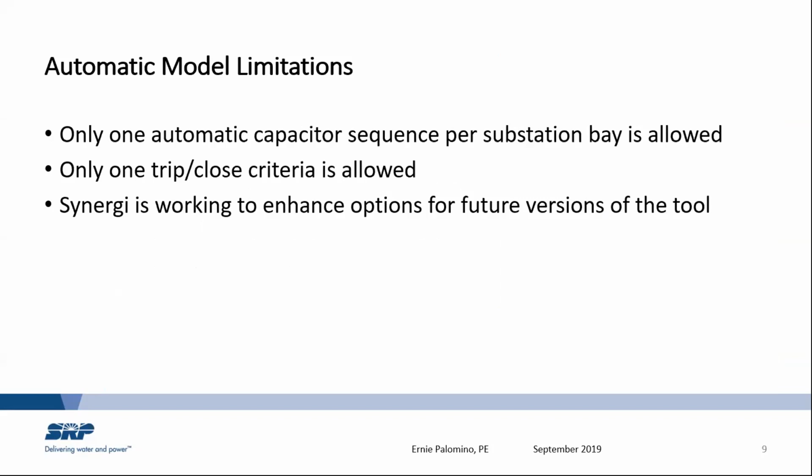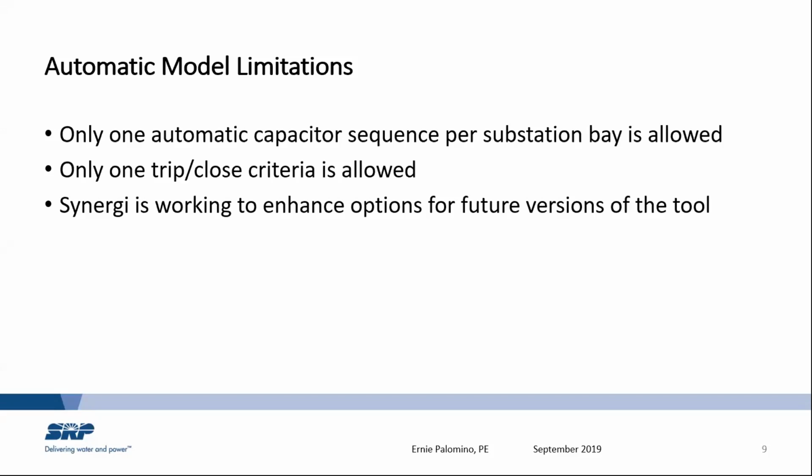But there are a few substation bays in SRP territory where the capacitors inside the substation are on a different sequence. At this time, Synergy does not allow you to have two sequences for capacitors connected to the same substation bay transformer. Also, for this model, you could only use one trip close criteria.